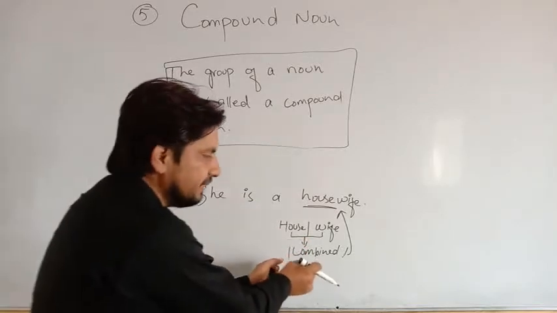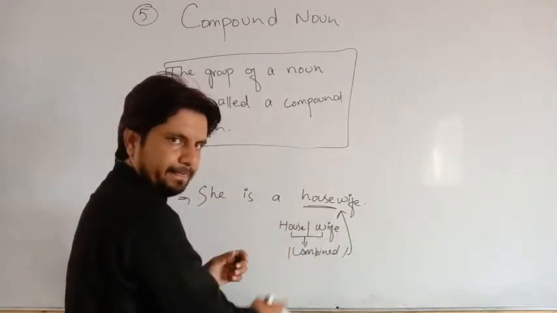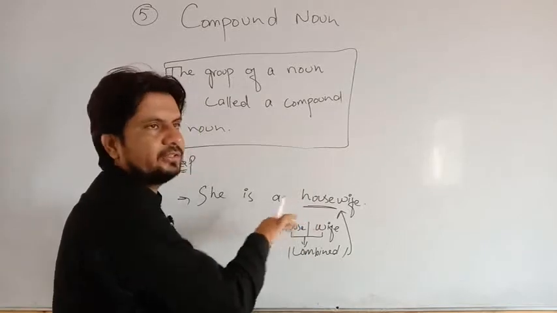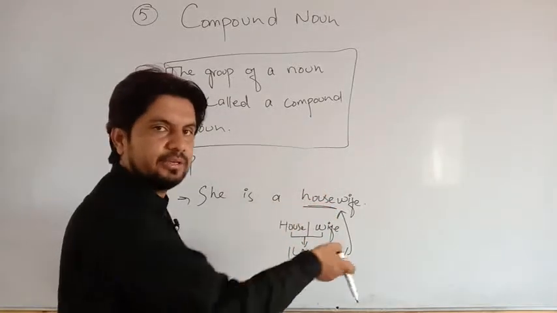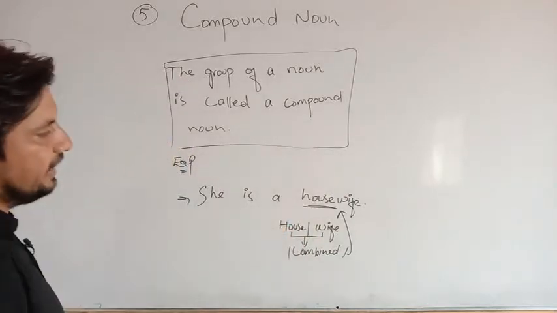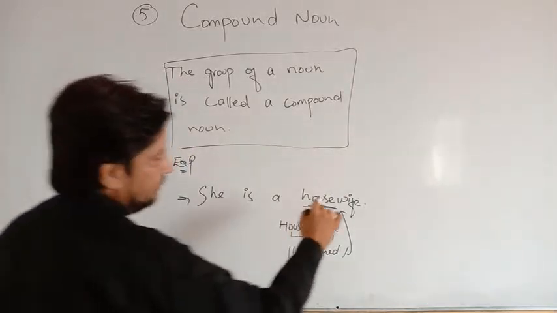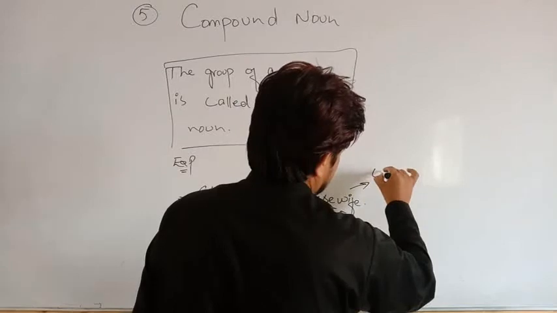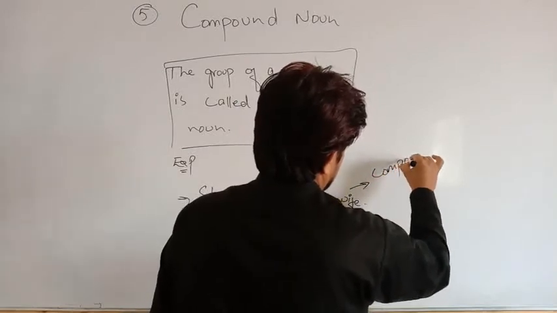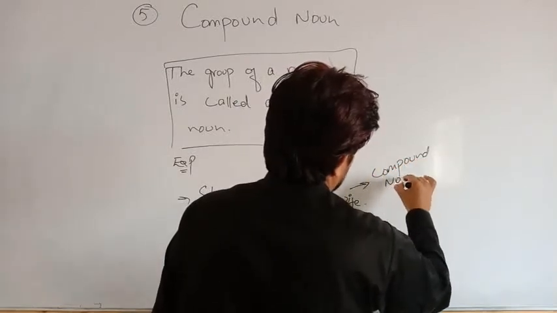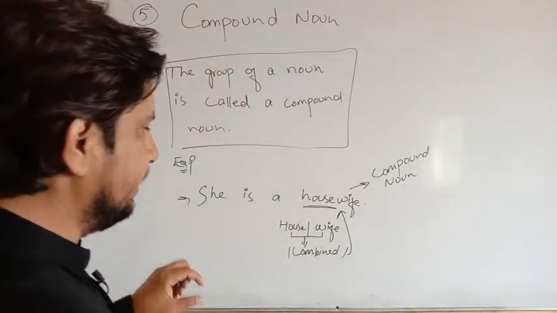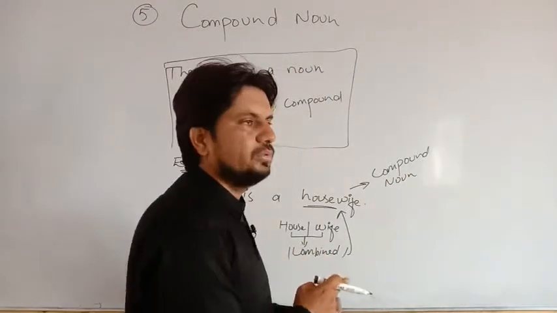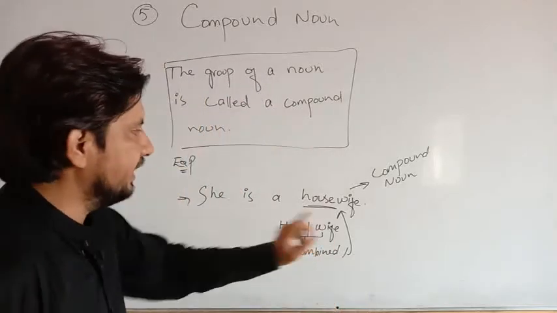When these 2 names are merged or combined together, they produce one noun. What will it be called? Housewife. So housewife is taken as a compound noun because it has been made by combining or joining 2 nouns, house and wife.